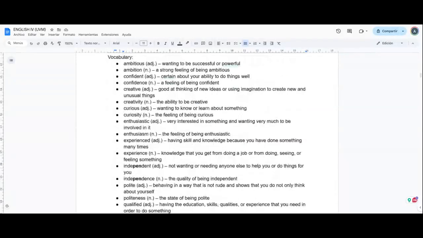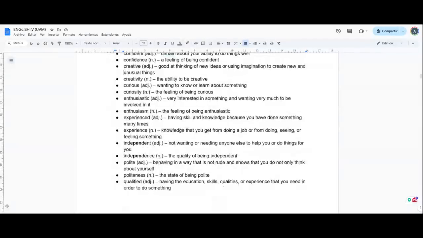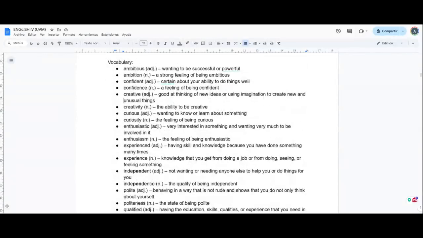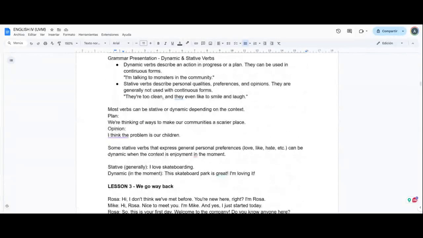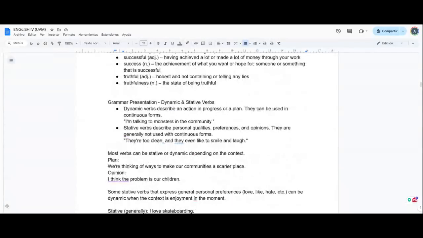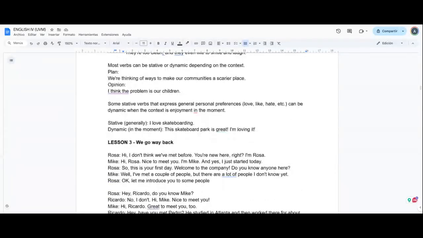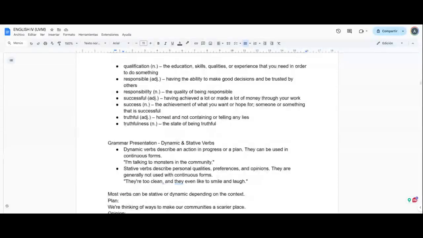Enthusiastic, enthusiasm, experience, independent, independence, polite, politeness, qualified, and qualification, etc. And then in grammar presentation, you revised dynamic verbs for describing an action in progress or a plan, and then static verbs for describing personal qualities, preferences, and opinions. Okay, and those were the main topics on the first unit.